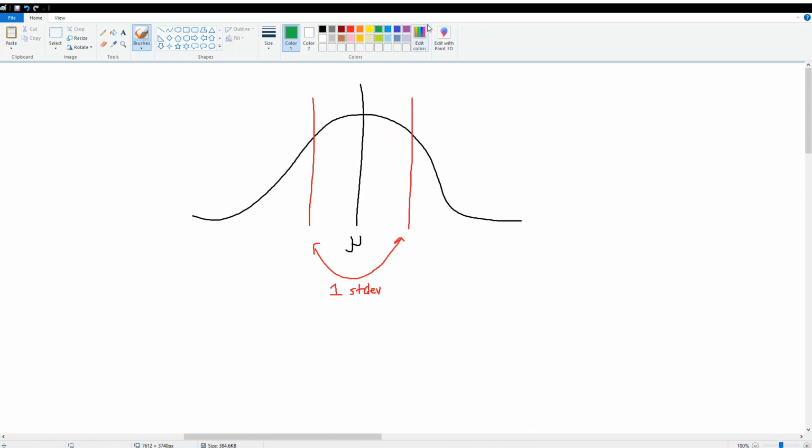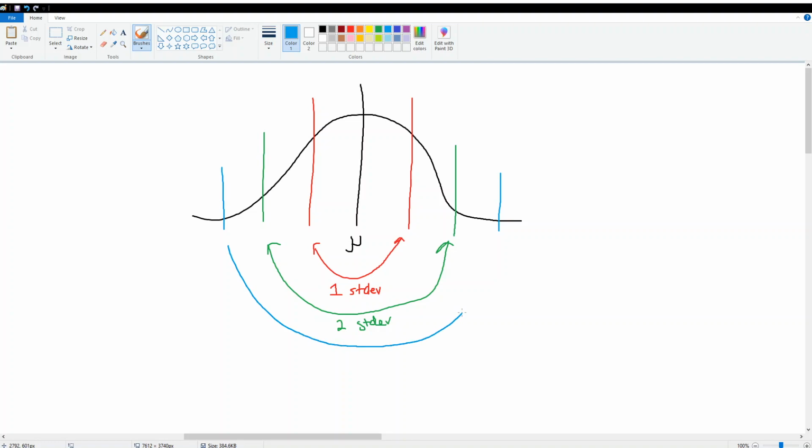We're going to let green be 2 standard deviations below the mean. And we're going to let blue be 3 standard deviations above and below the mean.